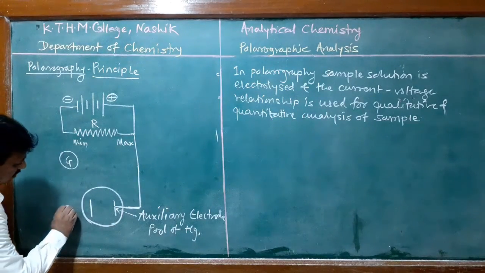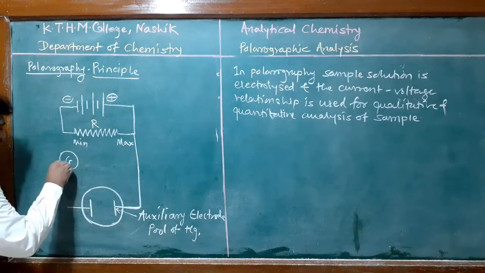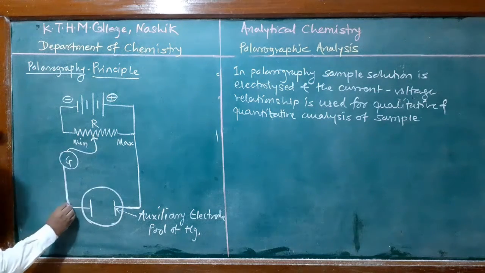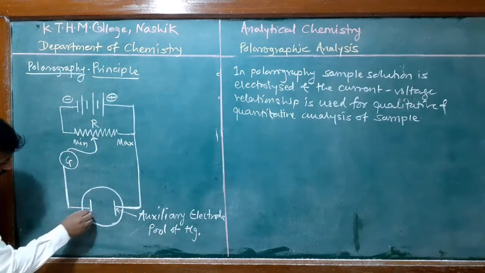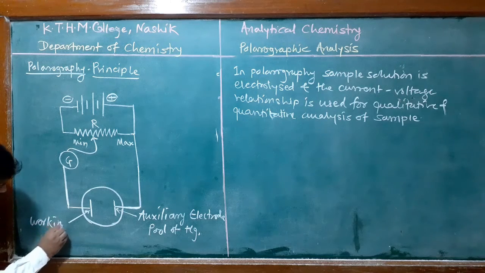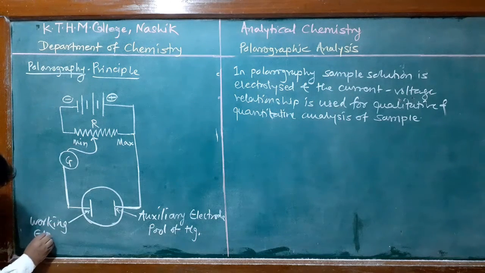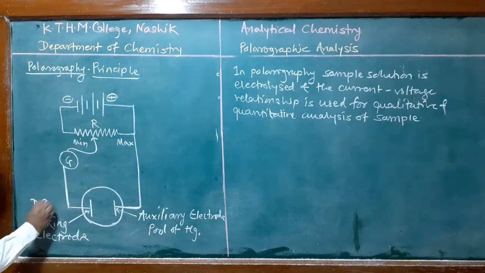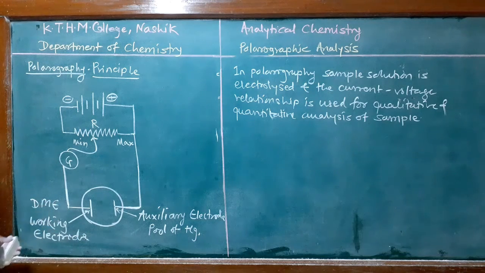This is the working electrode, and this working electrode is a dropping mercury electrode in polarography.